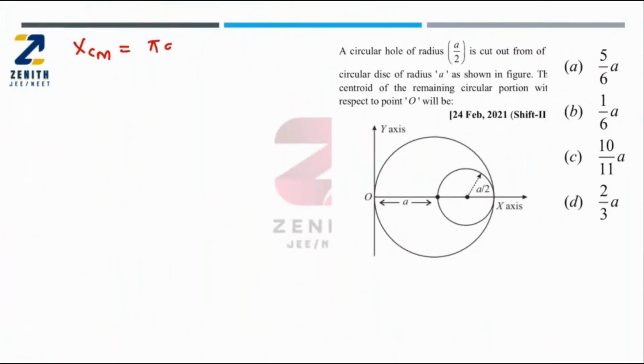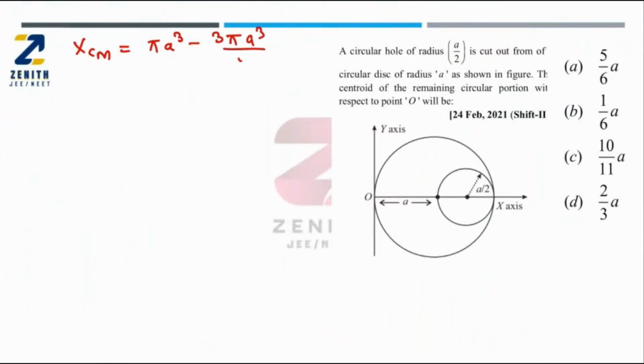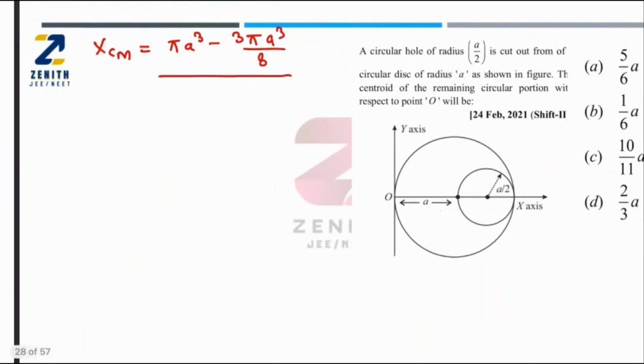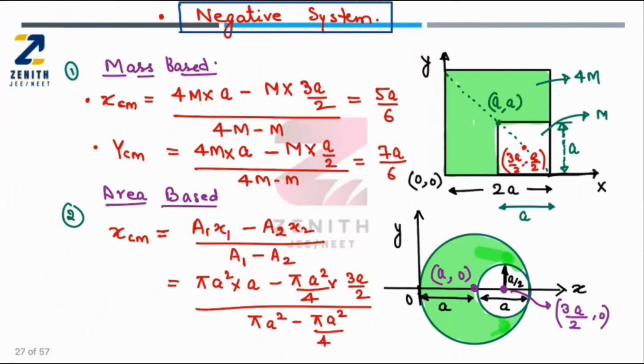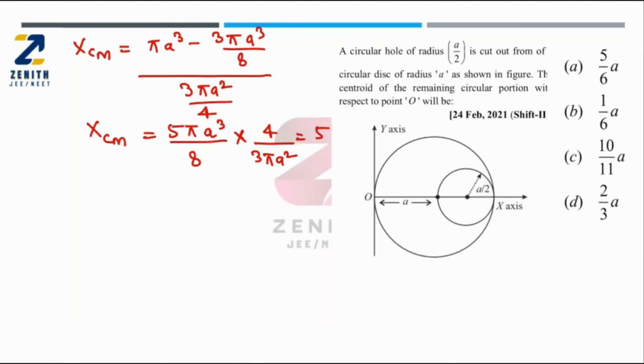This is pi a cube minus 3 pi a cube by 8, divided by the area, pi a square minus pi a square by 4, that means 3 pi a square divided by 4. Once you simplify, you will get 5 pi a cube divided by 8, and this goes in the numerator with 4 by 3 pi a square. So what is this value? 5 by 6a. Is there any such option? Yes.